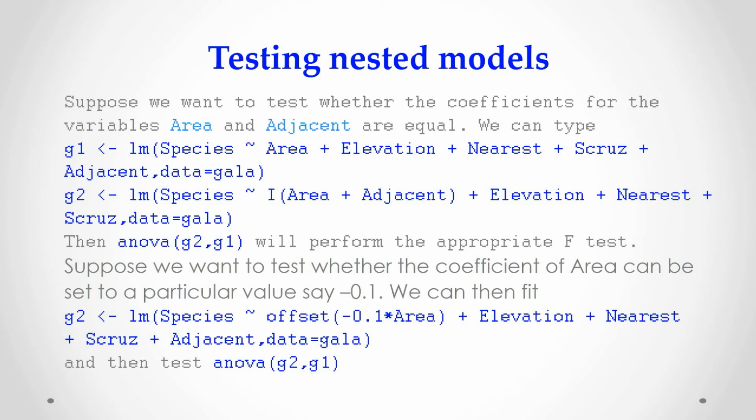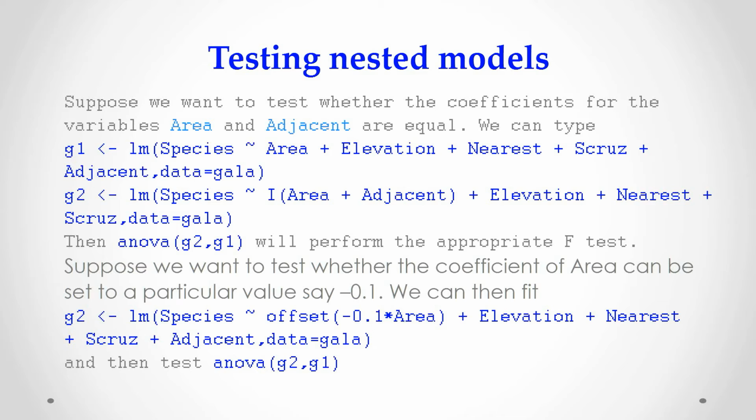Similarly, we might want to test whether the coefficients for the variables area and adjacent are equal. To do so, we fit G1 as before, that is, G1 is a linear model of species on area, elevation, nearest, S-cruise, and adjacent, and G2 is a similar linear model except that one of the variables for this model is now I(area+adjacent).